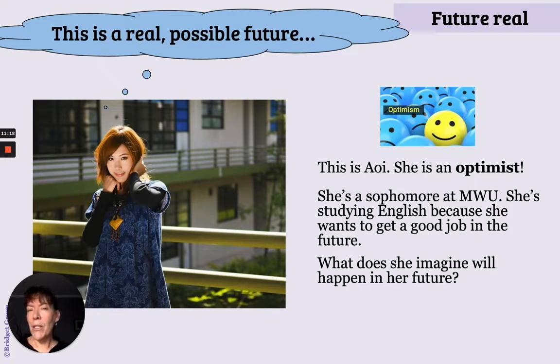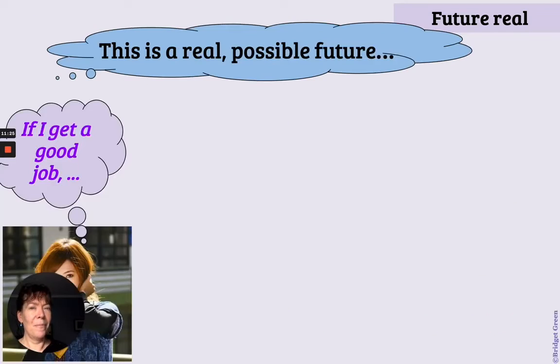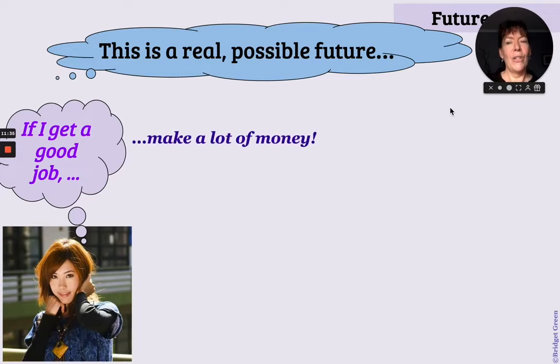What does she imagine will happen in the future? First, she'll get a good job. If I get a good job, she is imagining her future. What does she say?